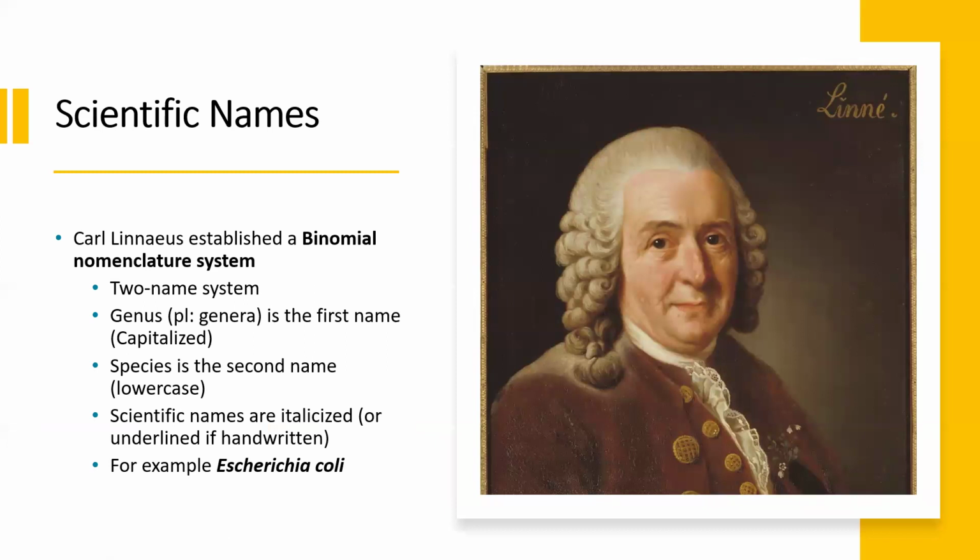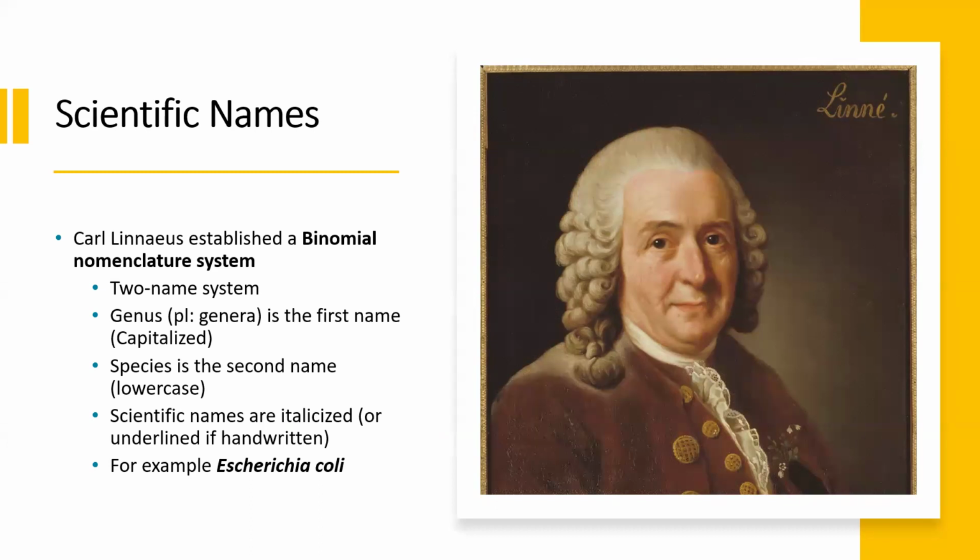Now, the primary way that we name organisms at the species level is we use binomial nomenclature. Binomial basically means two names. This is the genus, and then we have the species. The genus is going to be uppercase or capitalized, and then the species is lowercase.